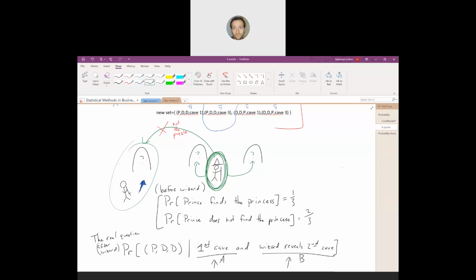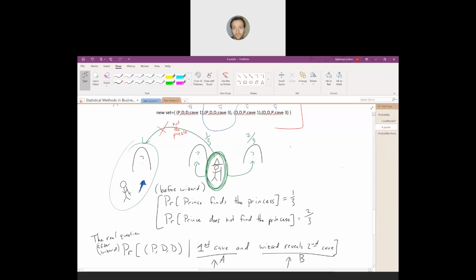So the second cave is going to be 1/3, right? If the second cave is 1/3, then what's the third cave? 2/3, right? Why do you think the wizard prefers to reveal cave 3?